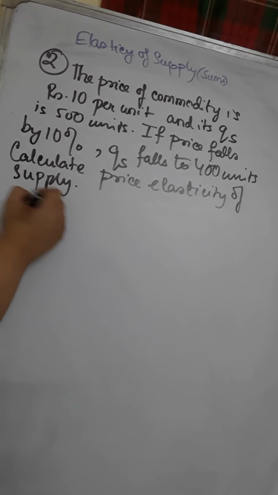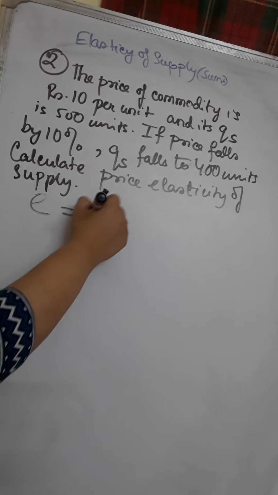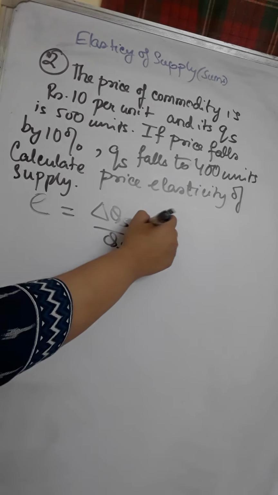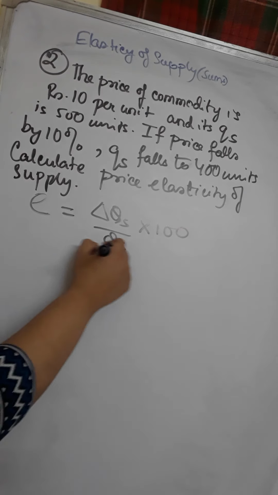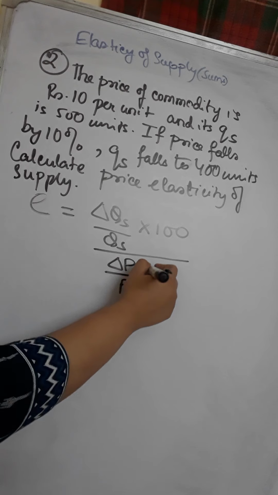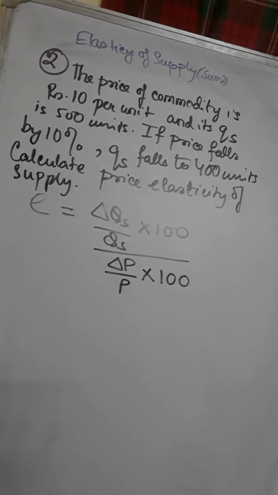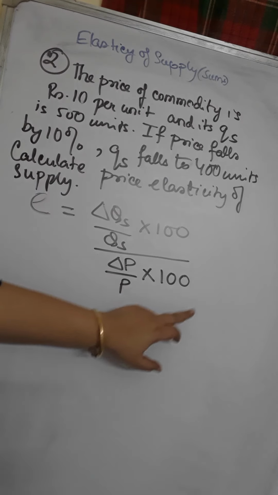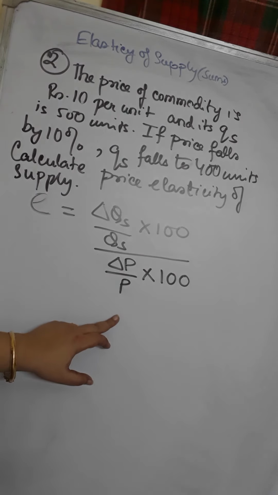So first we go to the formula, that is elasticity will be equal to change in the quantity supplied by original quantity into 100 divided by change in price by original price into 100. Now check one thing, that you have the original price given. This is the total percentage change in price.